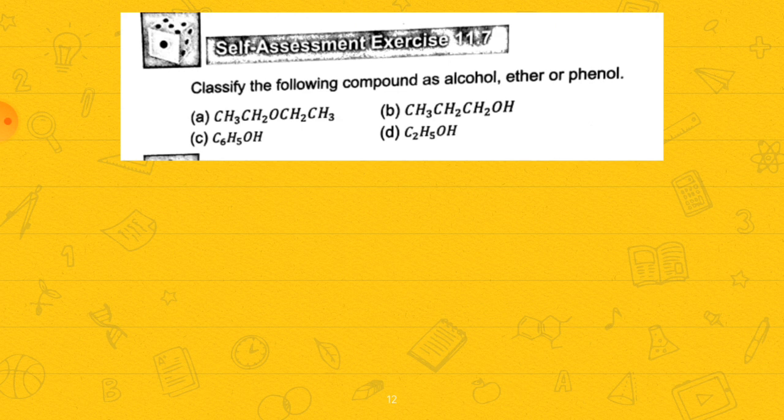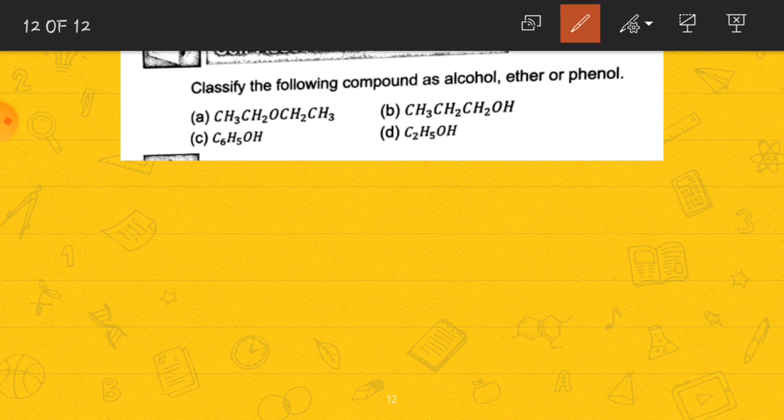Now here is self-assessment exercise 11.7. Classify the following compounds as alcohol, ether, or phenol. So for compound A, first we would distinguish the alkyl groups. Now this CH3CH2 and the CH2CH3, these two are the alkyl groups.